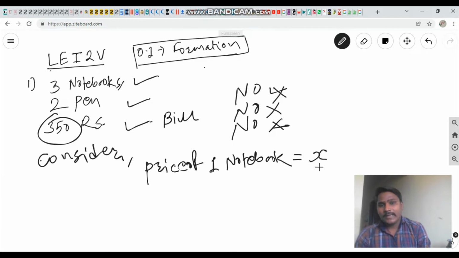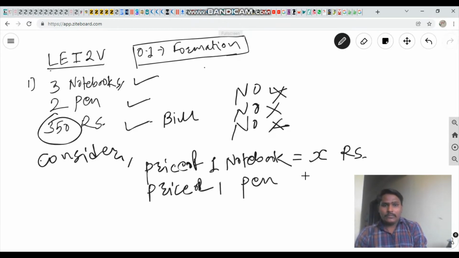Now we will see why these are called variables. So I have considered here that the price of one notebook is x, and the unit is rupees, right? Similarly, the price of one pen we will consider as y rupees.